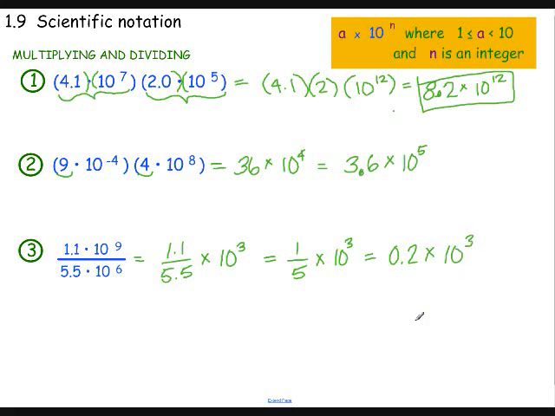Is this in the proper form? A cannot be smaller than 1. It's supposed to be either equal to or greater than 1. So what have I got to do? I've actually got to make this number a little larger, which means the multiplier has to get a little smaller.